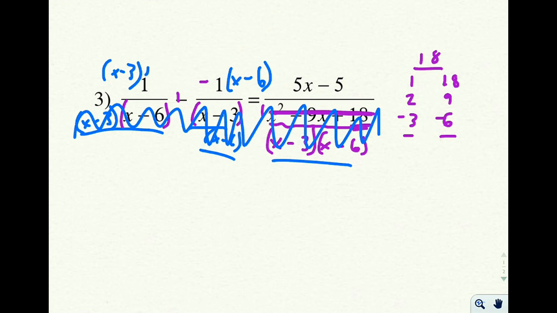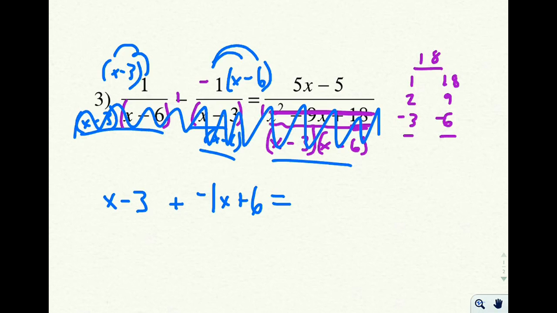On top, we need to distribute our 1. So that's just going to be x minus 3. Plus, we have to distribute our negative 1 to these, so it's going to be negative x plus 6. We have our equal sign, and then on the right side we don't have to multiply by anything, so we just write our 5x minus 5.